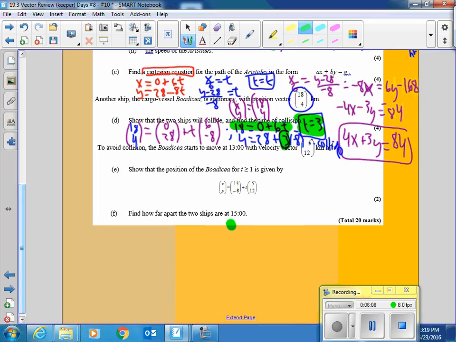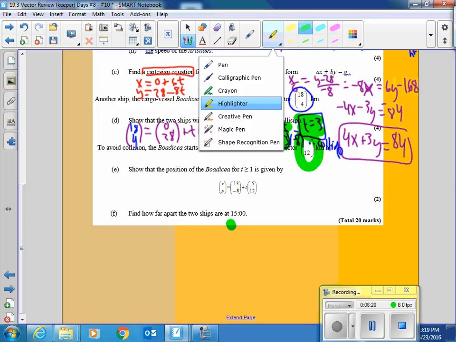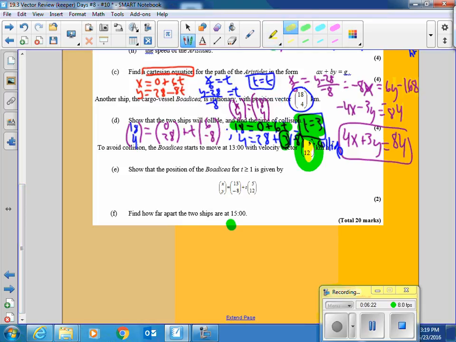Show that the position of the Boadicea for t greater than 1 is given by... All right. So this is the direction vector. That's the direction vector. That's where the (5, 12) comes from.